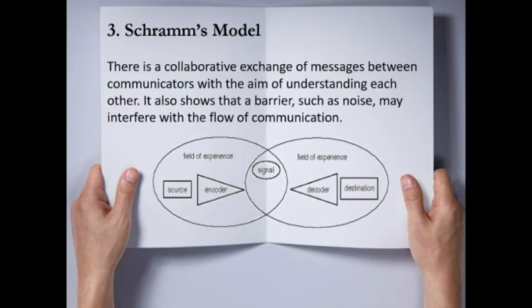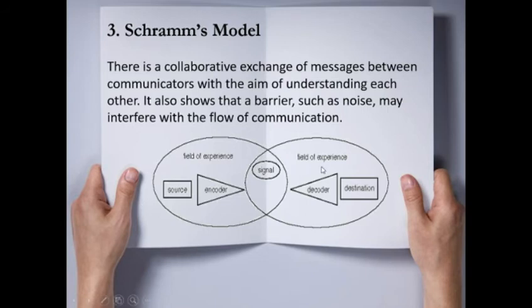There is a collaborative exchange of messages between communicators with the aim of understanding each other. It also shows that a barrier such as noise may interfere with the flow of communication. It is similar to the Shannon-Weaver model, but the difference is the field of experience of both communicators.